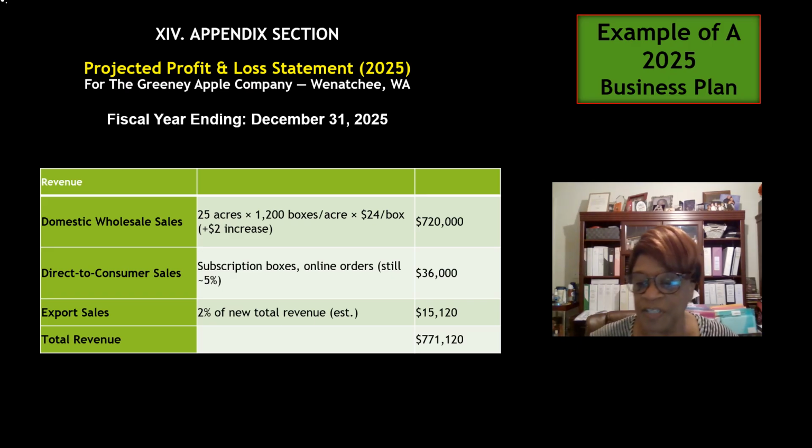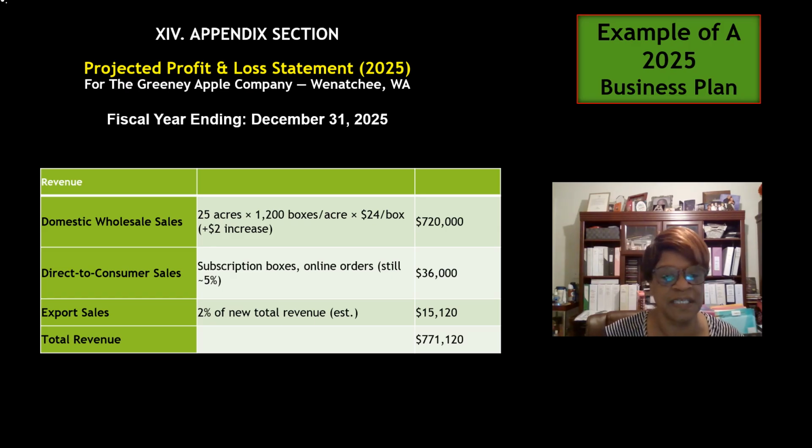Okay, we've finished the narrative of your business plan, and we're now in the appendix section, which is usually not a part of the business plan. It's usually an addition or an attachment to your business plan. There are usually several types of documents. I'm only showing you one, which is the projected profit loss statement.